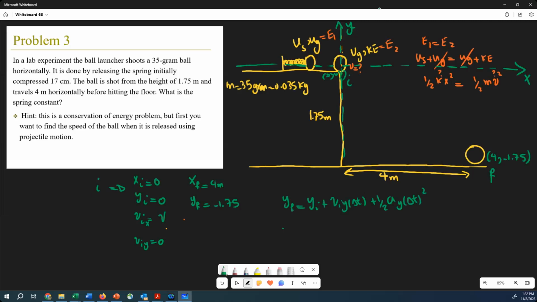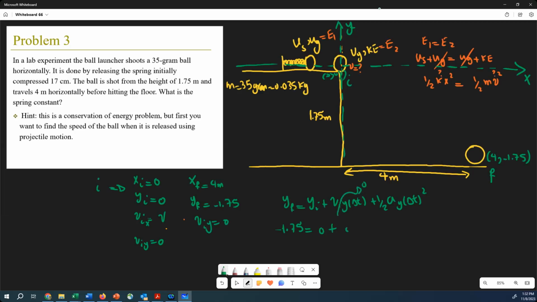Good. What is the yf? Negative 1.75. What is the yi? 0. What is the initial velocity in the y-axis? I forgot to write. We don't have initial velocity in the y-axis, we just have horizontal velocity. So the initial velocity is 0, and this term is going to be 0.